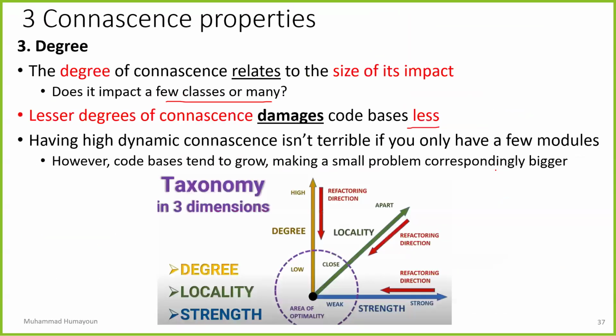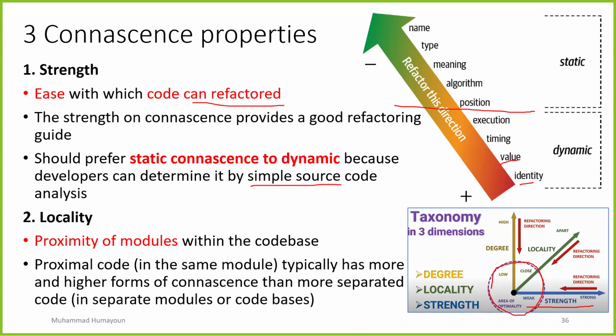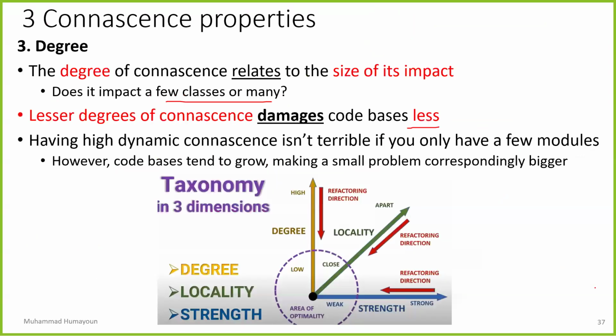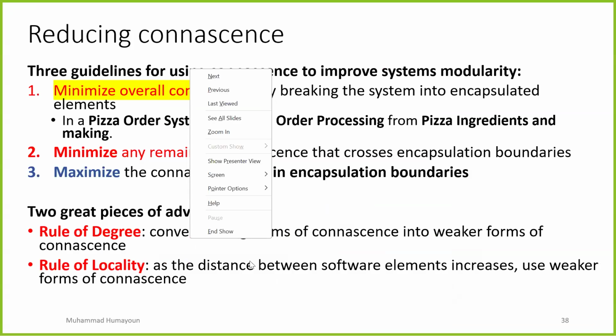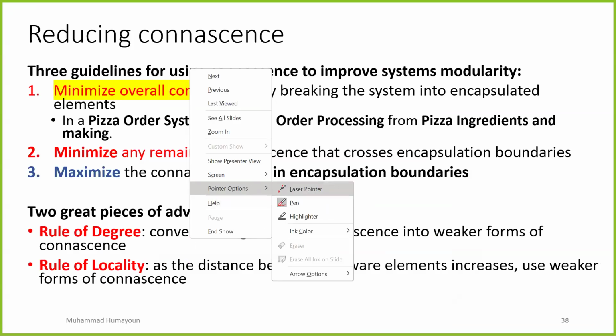So if the degree, the effect, is really small, then it's all right sometimes just to be in this dynamic connaissance. So three things actually affect the maintainability of your code. As we said, it is strength, locality, and degree. So I'm just trying to say the same things in this slide again.